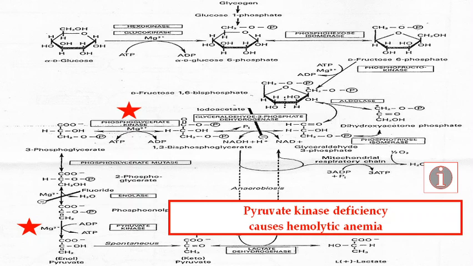If pyruvate kinase is deficient, there are not enough quantities of ATP inside the RBCs, so the red blood cells cannot maintain their integrity. The cell membrane cannot maintain its integrity, and the red blood cells will hemolyze. This is one of the enzyme deficiencies that, when inherited, may cause hemolytic anemia.